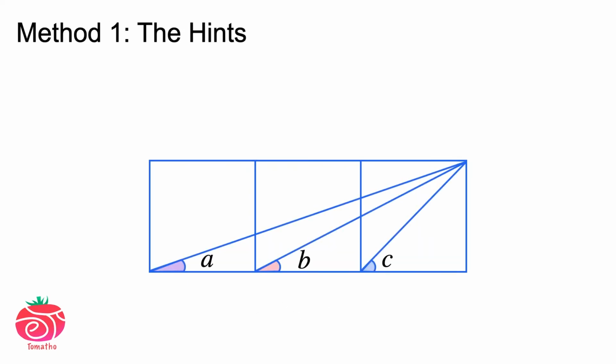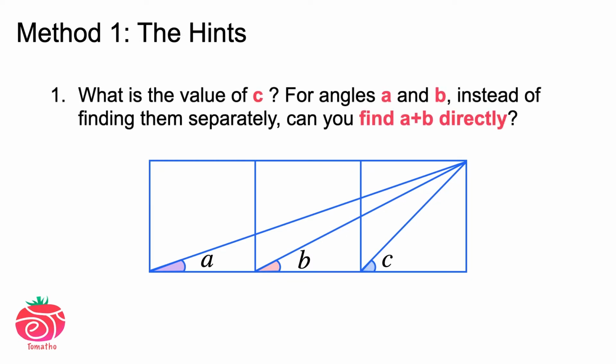As usual, here are some hints, and this will be the first method that we will present for this question. First, what is the value of C? That is the most straightforward one. Can you get it? And for angles A and B, instead of finding them separately, can you find A plus B directly?